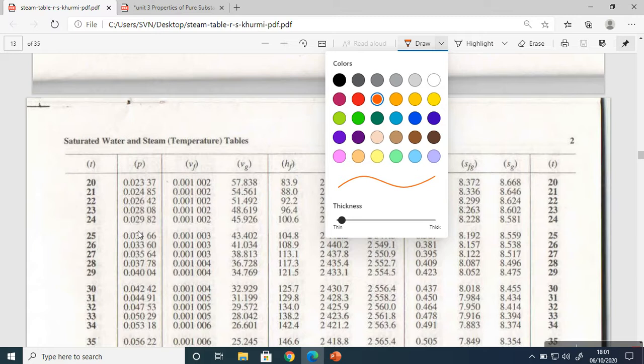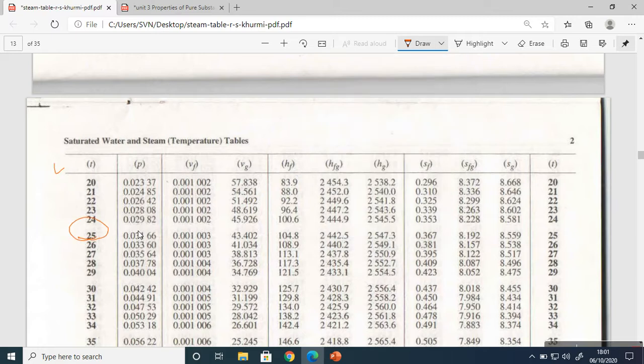The initial water is at 25 degrees Celsius, so I use the temperature basis table. The phase is water, so hf at 25 degrees Celsius is 104.8. This is the heat content already in the water, before the conditions, and that much water is now converted into the wet region.